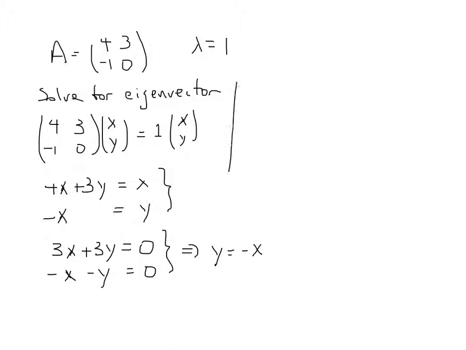And so my eigenvector has to be something of the form where the y value is the negative of the x value. So anything like this will work.